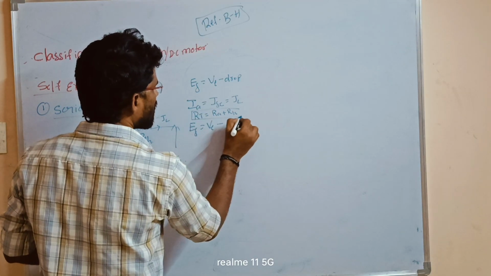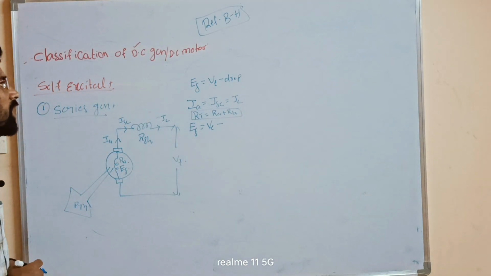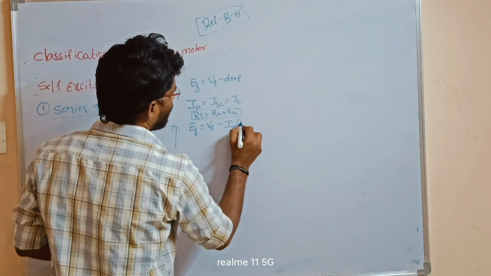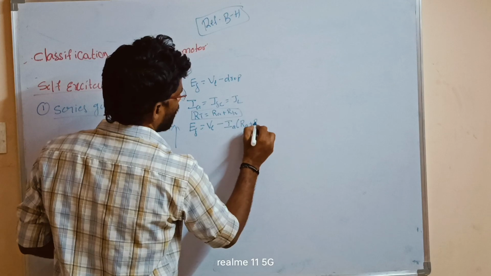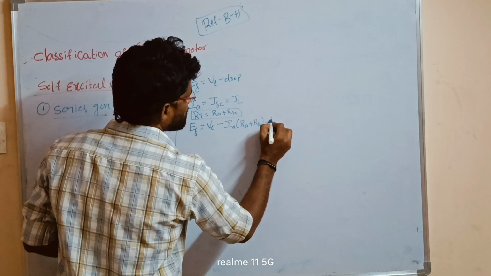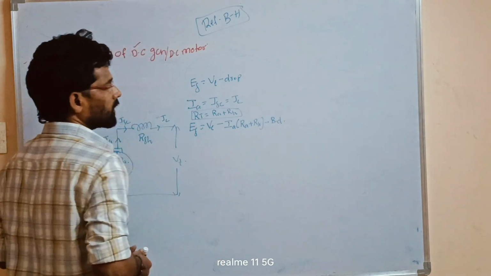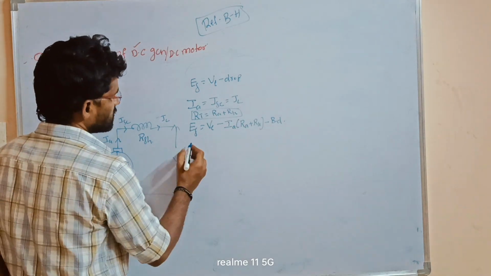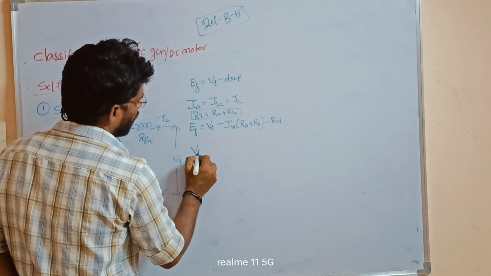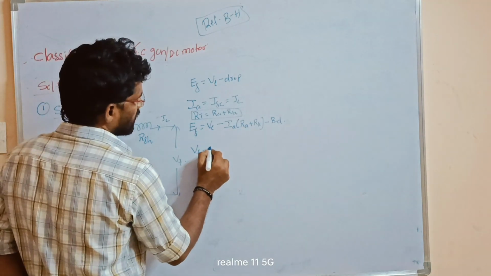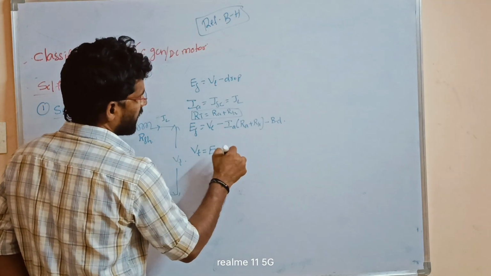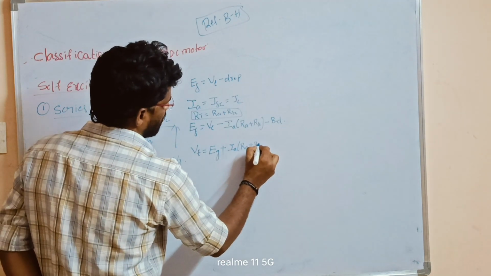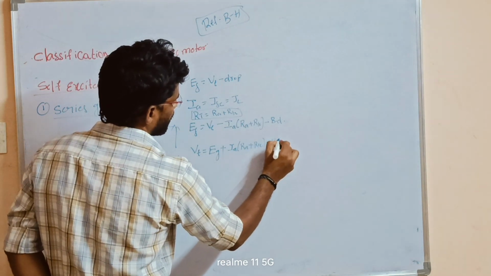So the current IA is equal to EG divided by RA plus RSC, minus the brush drop BD. That is nothing but the generated voltage EG. Again, the terminal voltage VT is equal to EG plus IA (RA plus RSC) plus BD.